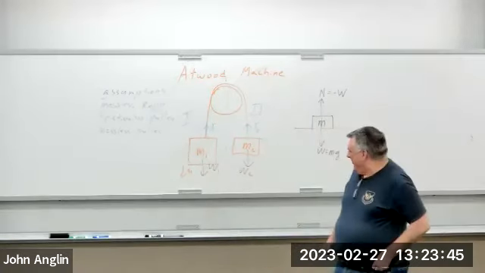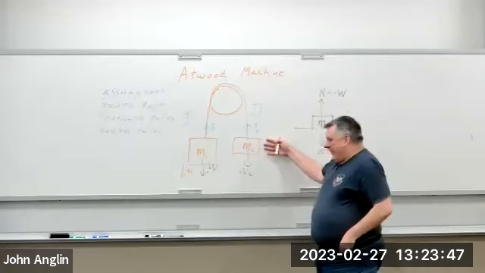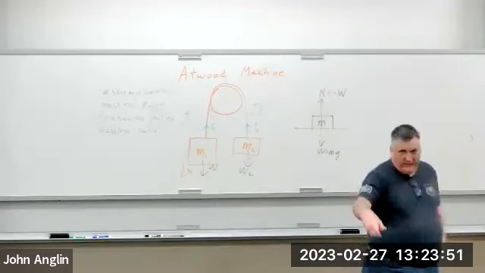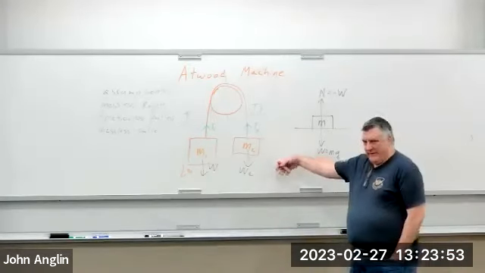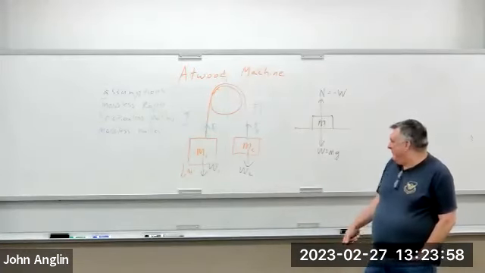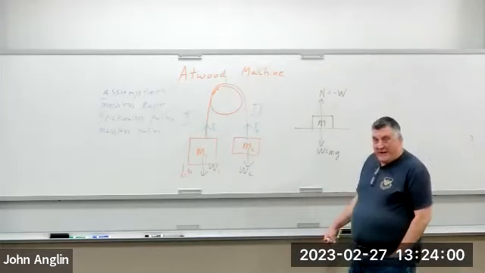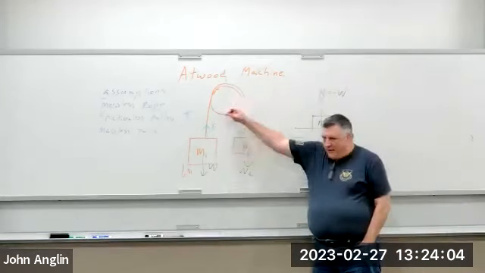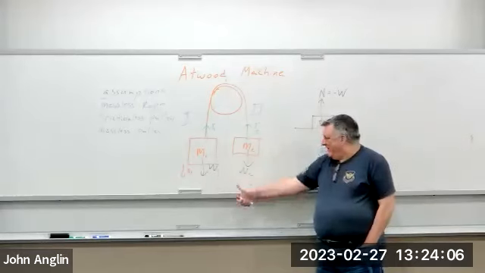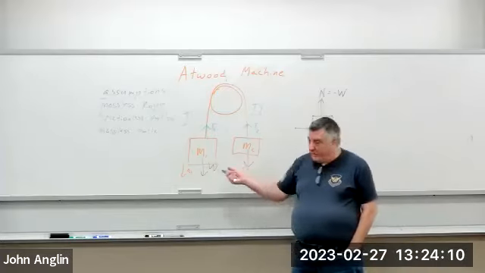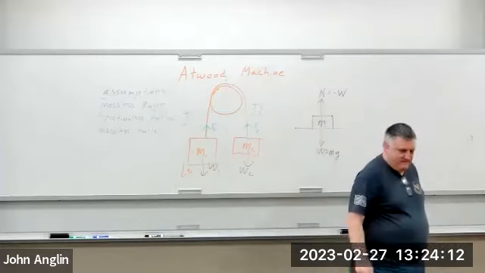It's connected through some pulley to a block of weights that you have some mechanical way to adjust, 50 pounds, 100 pounds, 1,000 pounds, whatever it is. And what you're trying to do is apply enough force to lift that mass. So that's all we're doing here. It's just an Atwood machine.